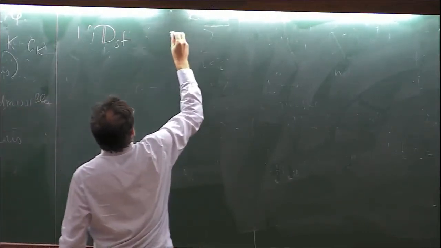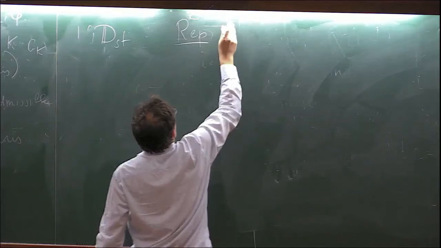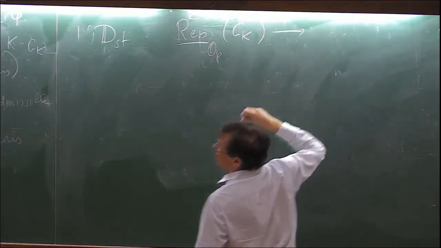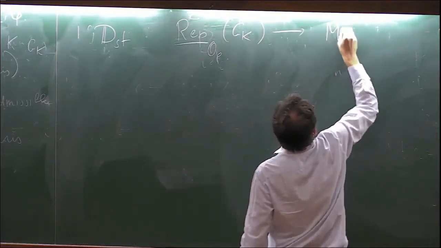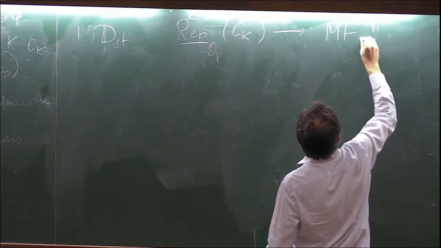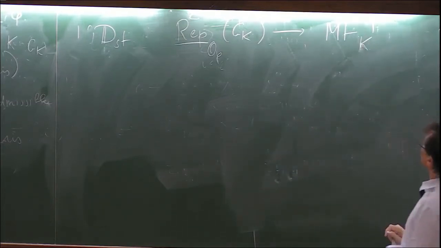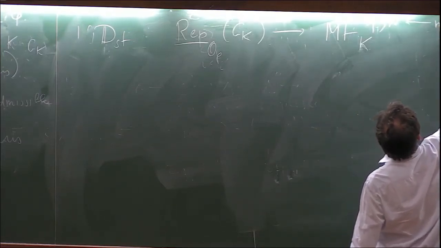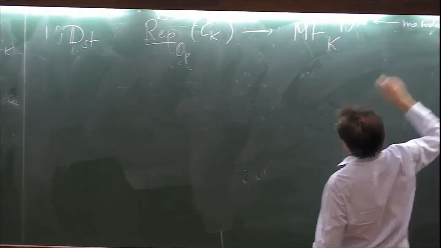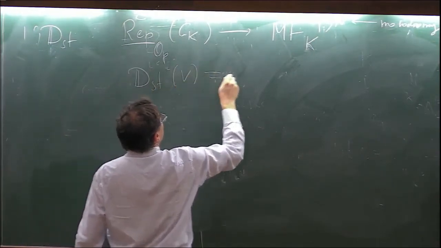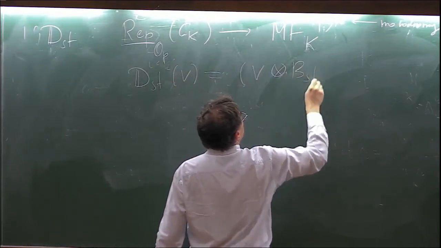The third and the last functor, D semi-stable, which goes to the category of filtered φ-modules over K, equipped in addition with a monodromy N. Which is defined in the same way, but using the ring B semi-stable.